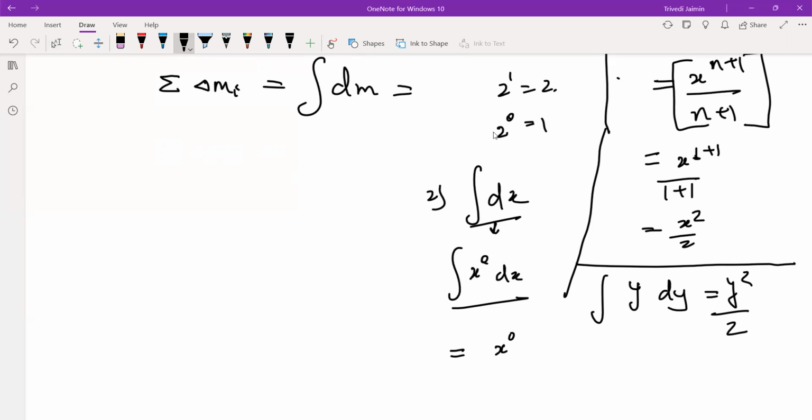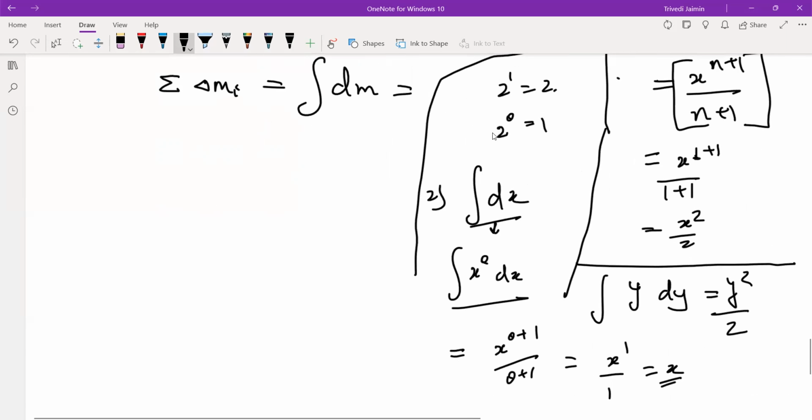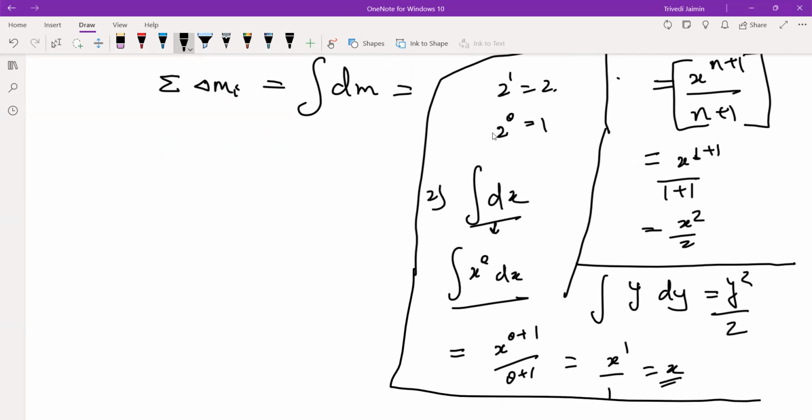Because x to power 0 plus 1 by 0 plus 1, which is x to power 1 by 1, which is x. Exactly. As we have solved once, you will remember now. No need to solve this again and again. By seeing only you will get the answer. That's why I asked you to solve, because we will use this again and again.